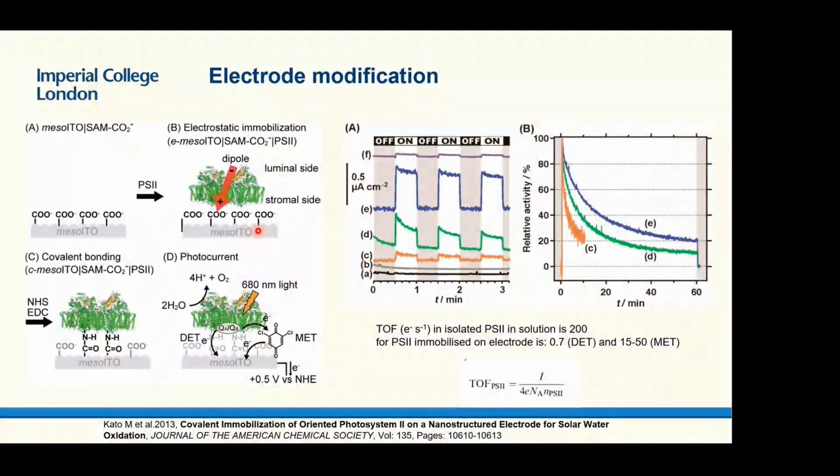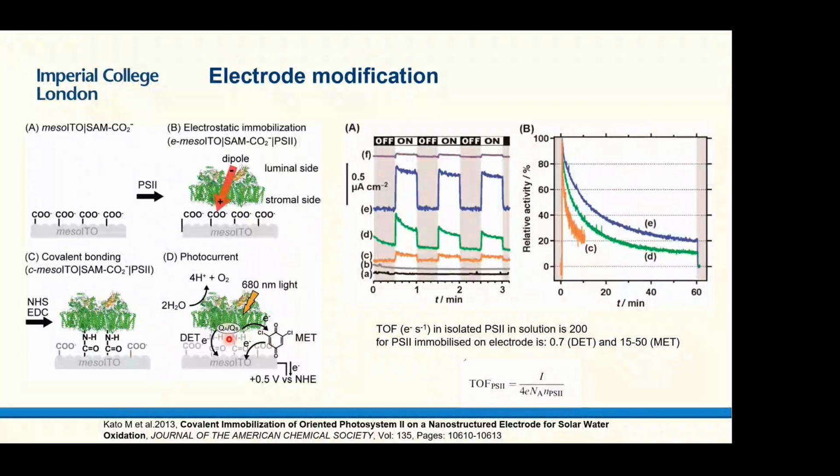They also changed the surface of the mesoporous material by using a surface monomer layer, in this case on the indium tin oxide. They used different ones. They used one that was negatively charged to try to orient the protein based on its dipole orientation, and then they used an NHS EDC system to covalently bind the protein on the surface.